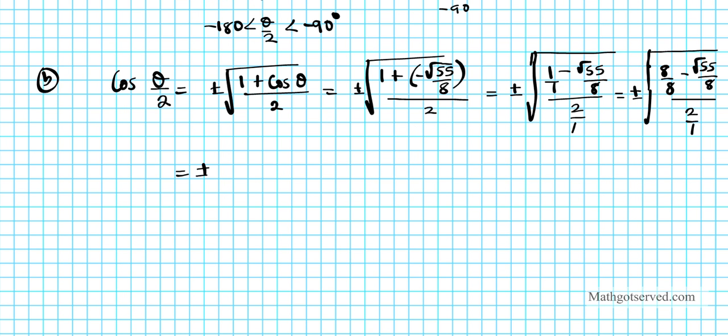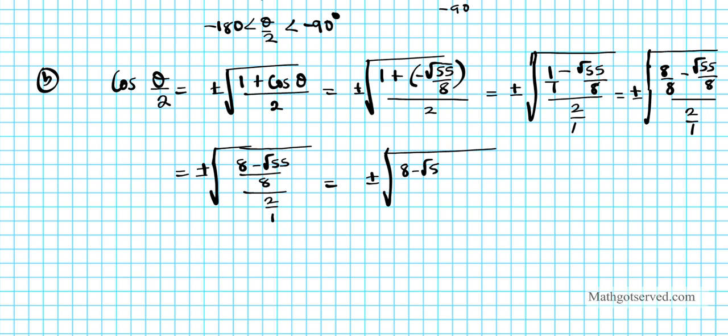We'll have plus or minus the square root of 8 minus root 55 over 8 divided by 2 over 1. Alright, so we're now going to multiply the numerator by the reciprocal of the denominator. So we'll have 8 minus root 55 over 8 multiplied by 1 over 2. Okay, so that yields plus or minus the square root of 8 minus root 55 over 16.